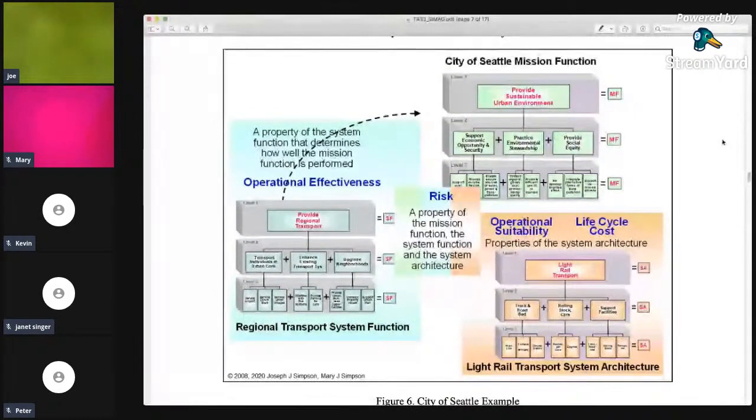Okay. But looking at this framework, it also presents a framework where you can map the application structural types. Where would I do an options tree? Where would I do a value tree? Where would I do an intent structure? Where would all these fit? Well, they would fit when you're evaluating operational effectiveness or suitability or life cycle cost, right?